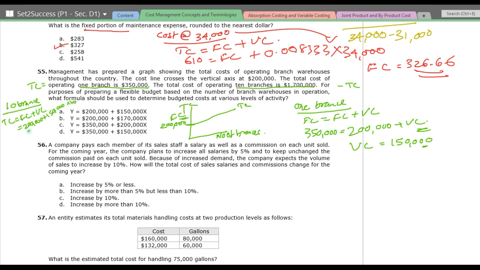So into 10, the total cost comes to be 1.7 million. So y is equal to 200,000, this is the fixed cost, plus 150,000 into x, where 150,000 is the variable cost. So this is the correct option.